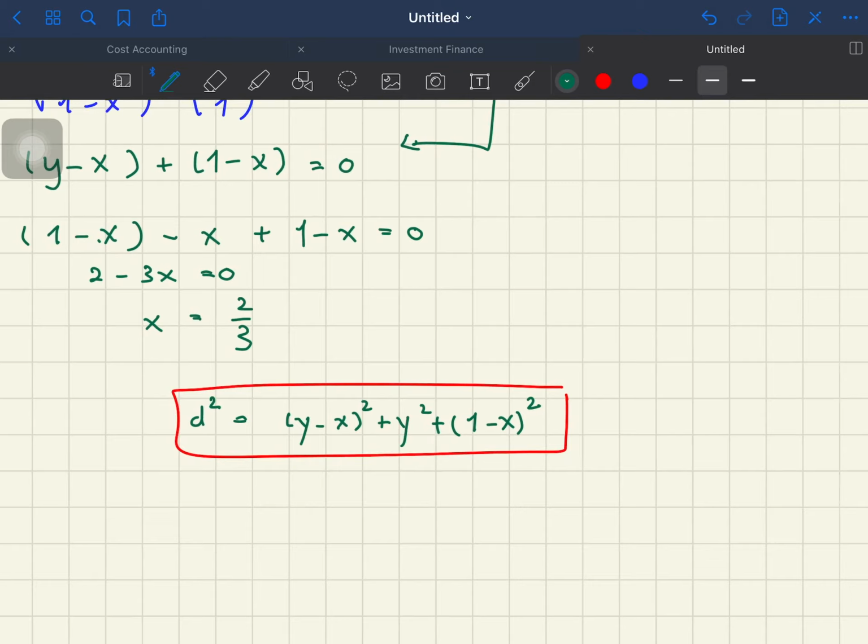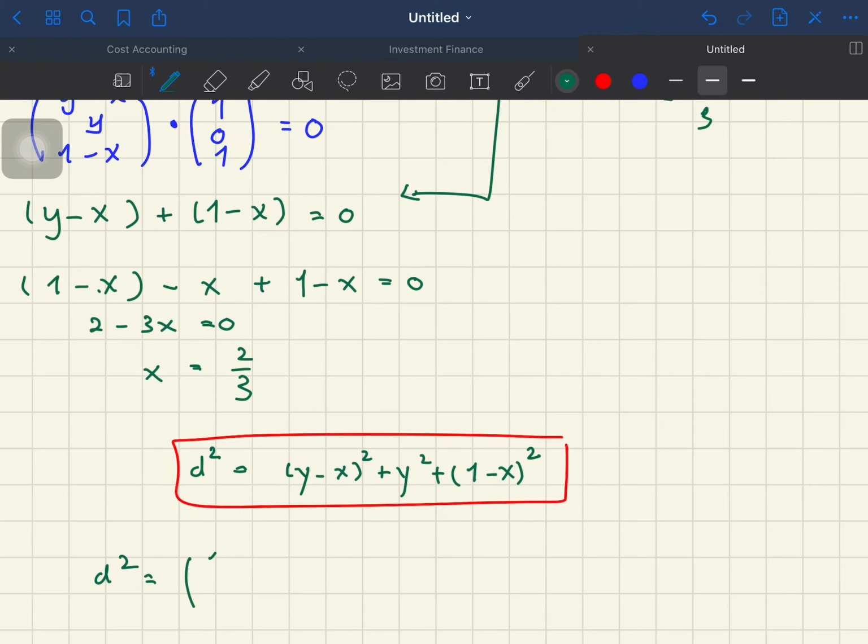We substitute y equals 1 over 3, and x is 2 over 3, so we have (1 over 3) squared plus (1 minus 2 over 3) squared.